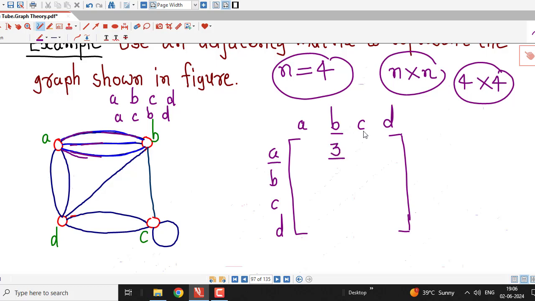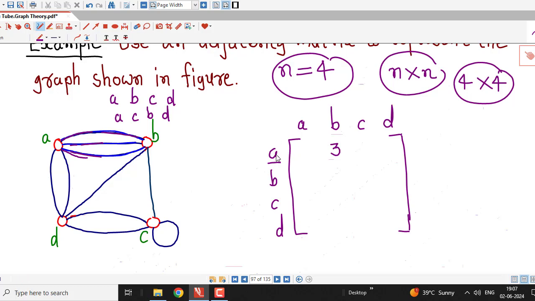This is the simple rule or formula: if you want to write down an entry of an adjacency matrix, then check which 2 vertices that entry corresponds to, and then write down the number of edges joining this vertex to that vertex.